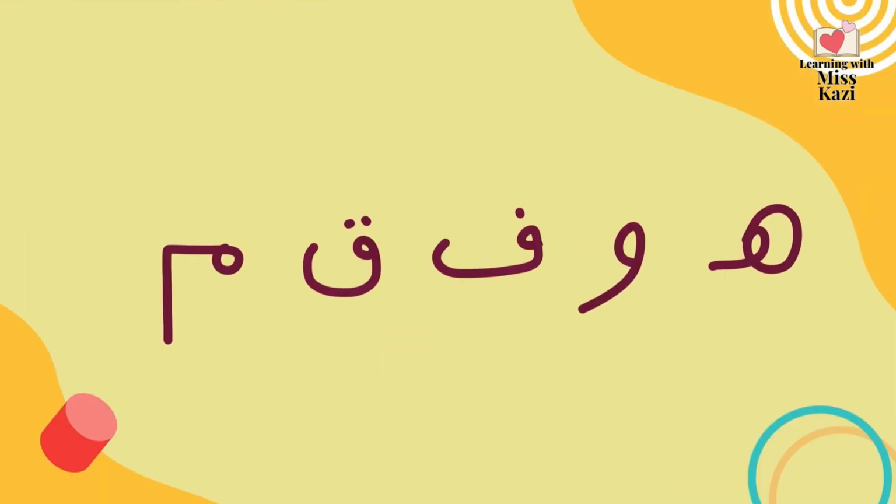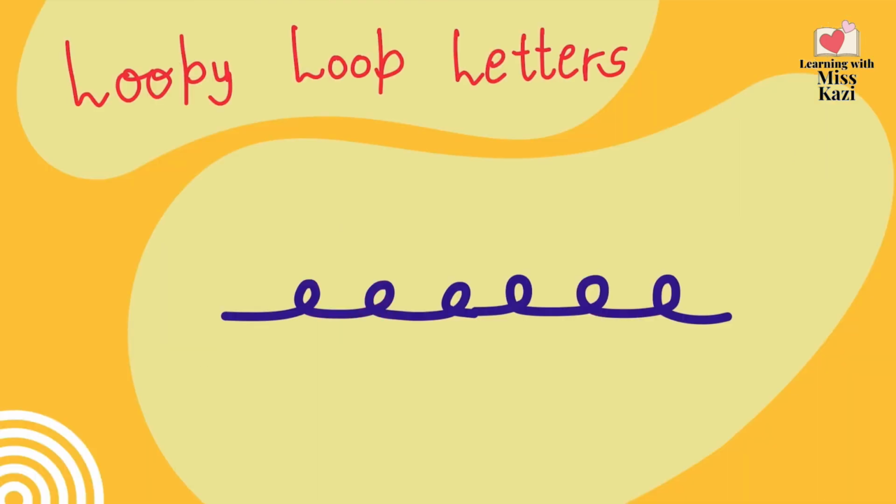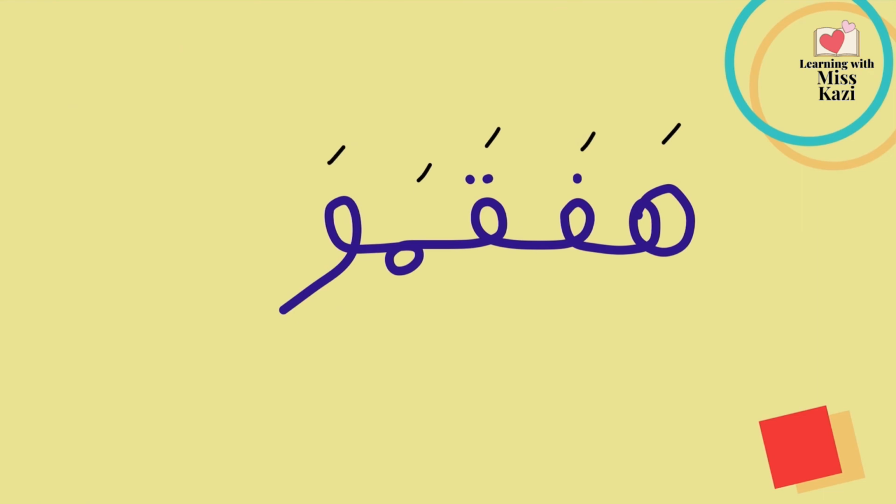These are our loopy loop letters. Ha, Waw, Fa, Qaf, Mim. The loopy loop letters, when they are joined together, they look like loops. Ha, Fa, Qa, Ma, Wa.